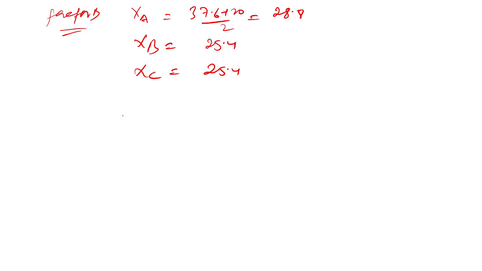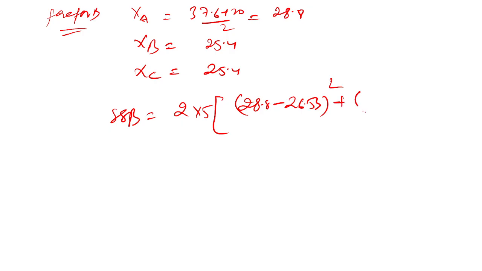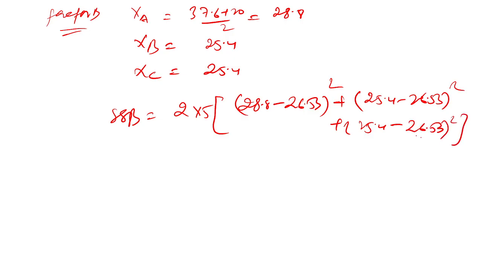So SSB, how much do we have? 2 into n, and n is 5. Then (28.8 minus 26.53) whole square plus (25.4 minus 26.53) whole square plus (25.4 minus 26.53) whole square. So we'll get some value, 77.